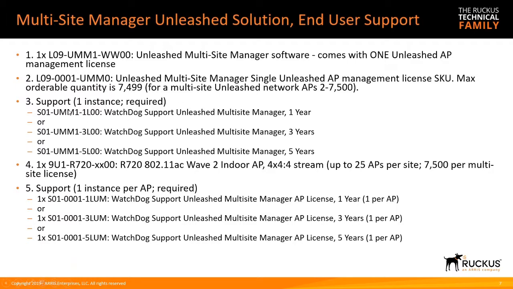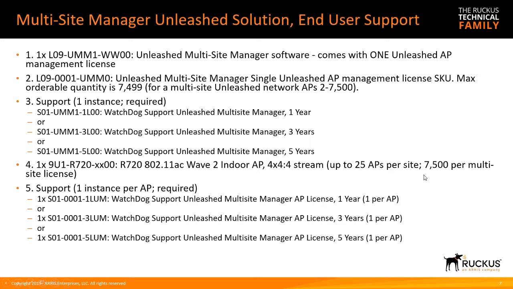Then we're going to buy support 1 year, 3 year, 5 year support on the server, right? So it's just a 1L00, 3L00, 5L00, depending on 1, 3, or 5 years. And then we're buying the AP, so it's R720 in this case, right? So you buy the number of APs, obviously, up to 25 per site.